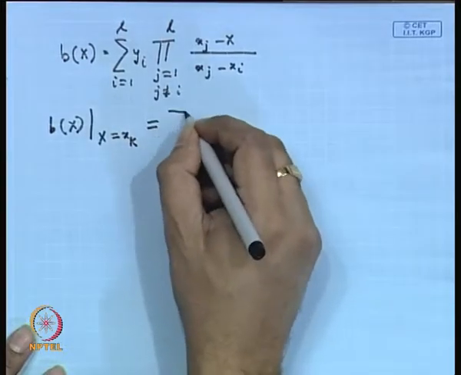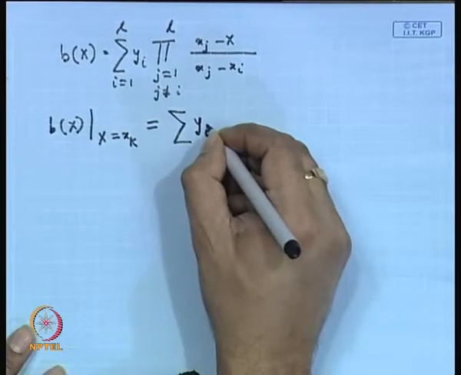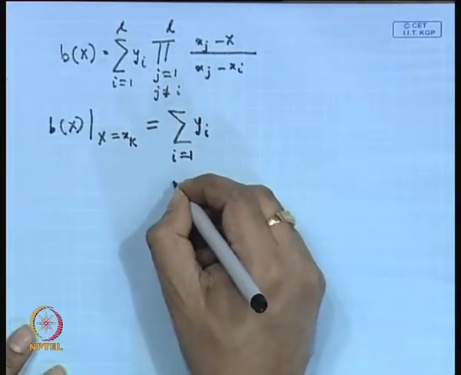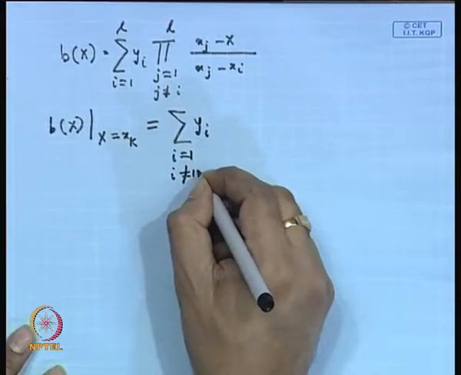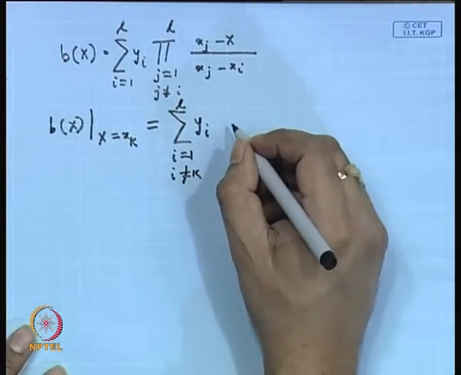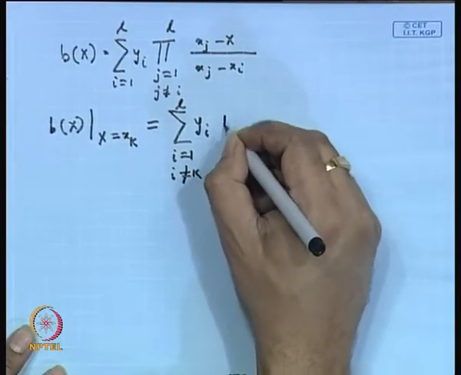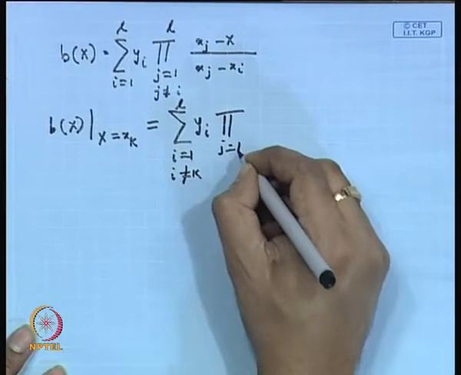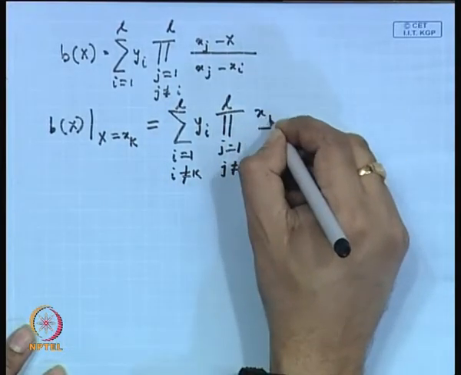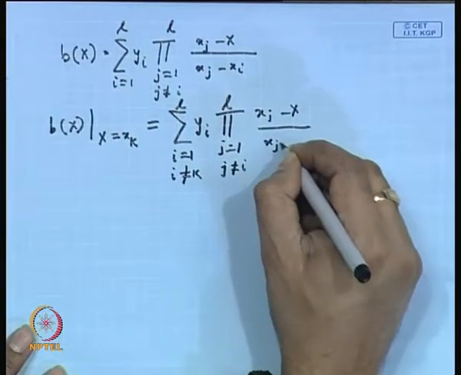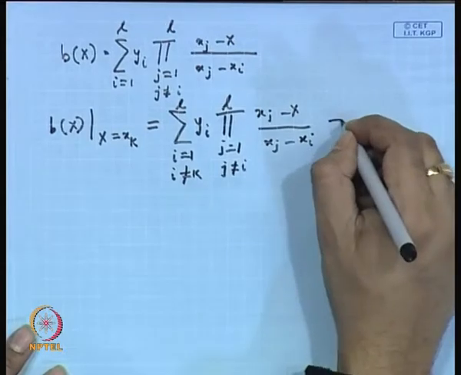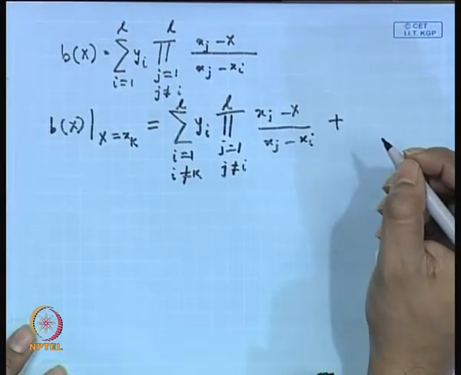So that is equal to, we again take this sigma y_i, where i is not equal to k and varies from 1 to L, times the product over j equal to 1, j not equal to i, of (x_j minus x) divided by (x_j minus x_i), plus the value when i is equal to k.